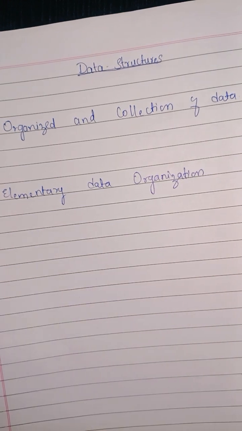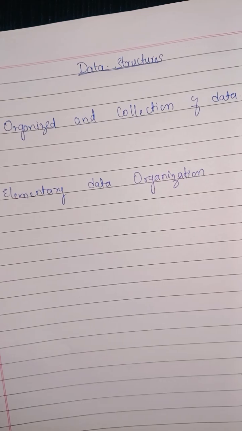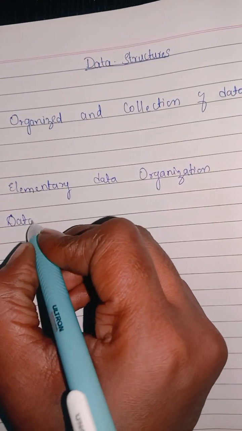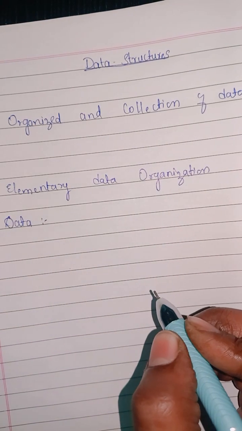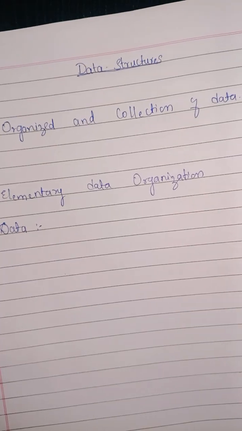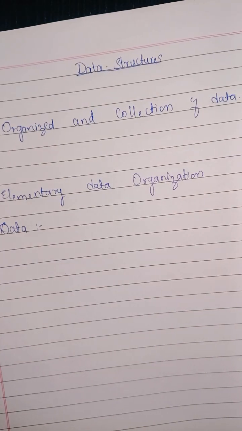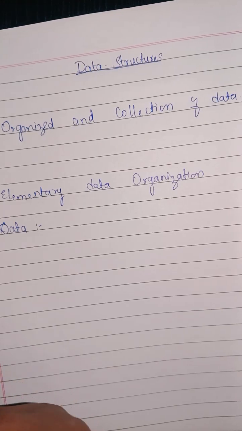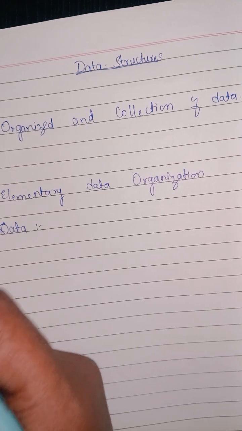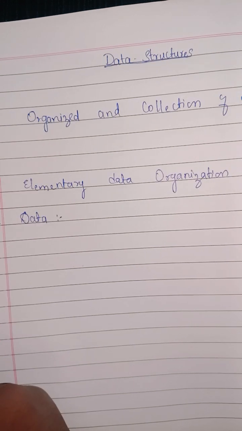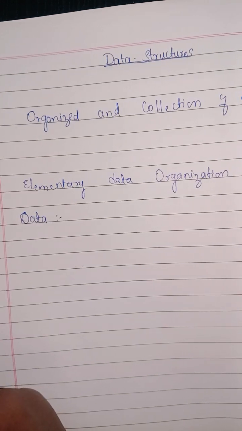In elementary data organization, first we move on with what is data. What is data? Data can be multiple information. For example, it can be A, B, C, numbers, names, which in simple terms are called raw facts, raw information.